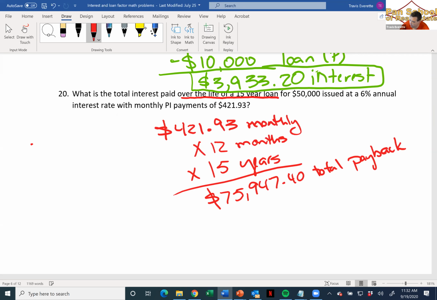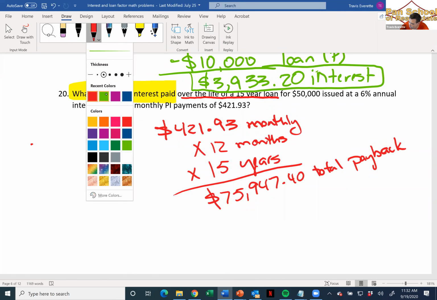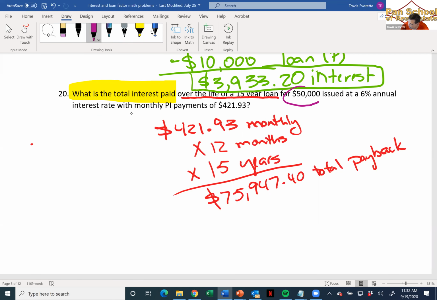But they want to know what's the interest paid for that. Don't we need to make a comparison to this number right up here that we borrowed? Does that make sense for everybody? Yes.